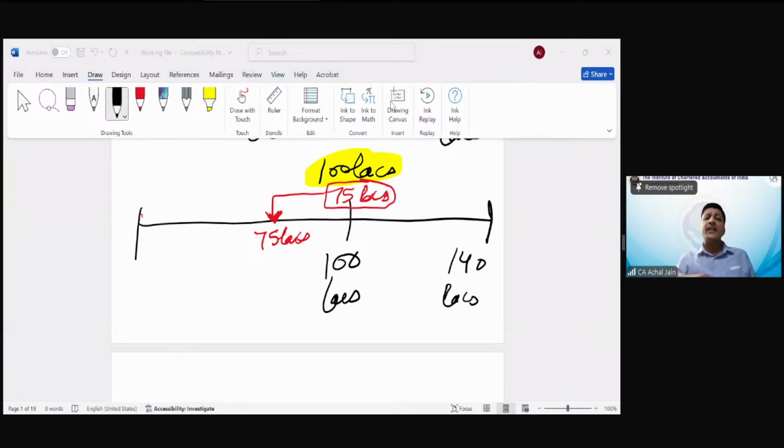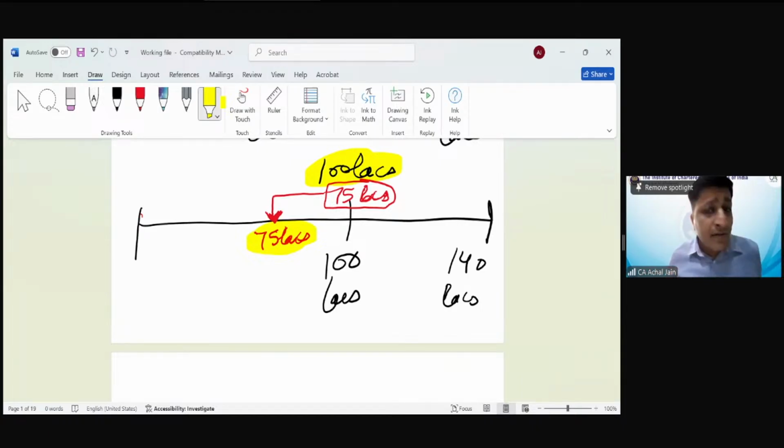And against this 100 lakhs, bank has given only 75. Yes or no? So that's how bank is keeping itself more secure. Correct? Yes or no? Yeah.